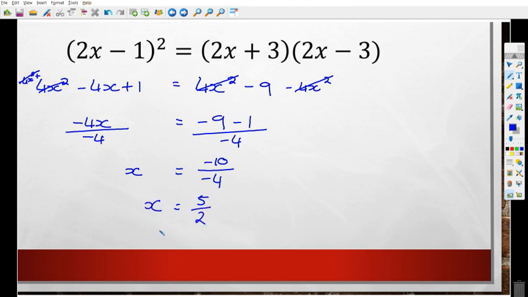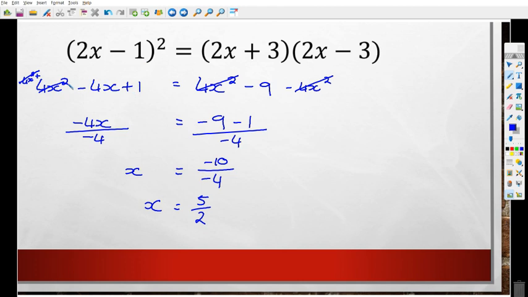Again, I'll just reiterate. We always do the same thing on both sides. When we're solving for x, we need to find what x is, so we do the opposite of what's happening.